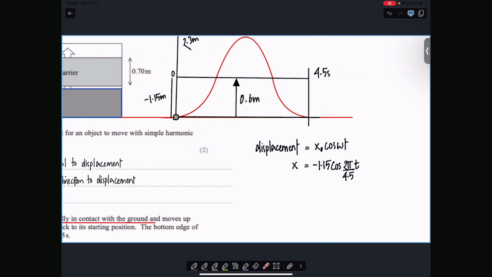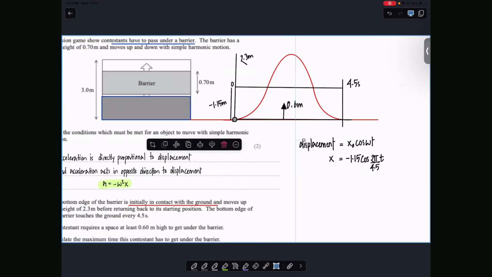Again, in the equation, the displacement, is it based from the bottom or is it from the origin? Origin, right? Whenever you find an equation, like let's say x naught cos omega t, in this equation, when you place your value and find a displacement, where is the displacement measured from? The origin, right? So from here, if I go 0.6 meter this way, can you tell me from here how far should you be?